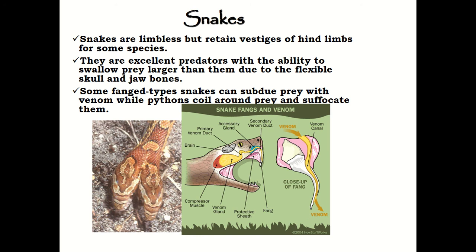They have a flexible skull and jaw bones that can be opened very wide, and some fanged snakes can subdue their prey with venom. Pythons coil around the prey and suffocate them, and they can also break the bones of the prey.